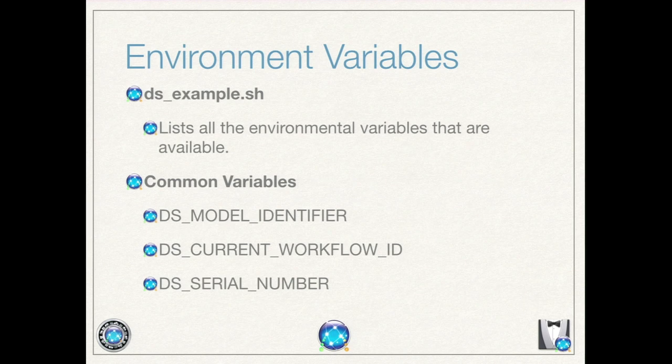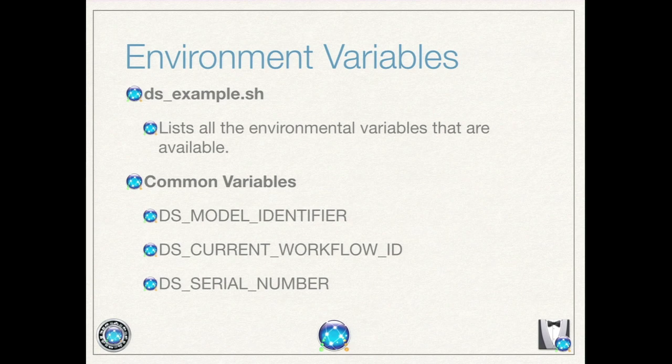The current workflow ID comes in handy when you're scripting nested workflows. You want to know where you are and where you want to go. And the serial number we use to look up additional details about a machine in the DeployStudio database.